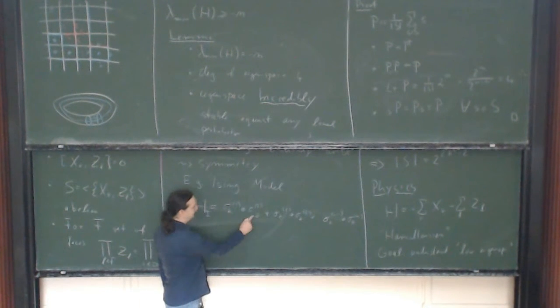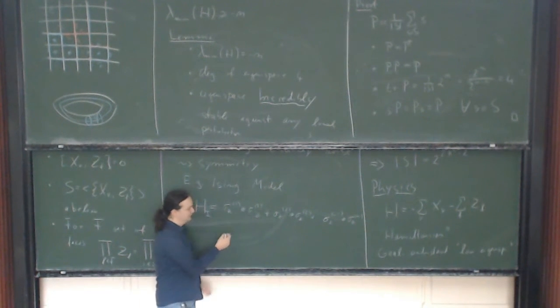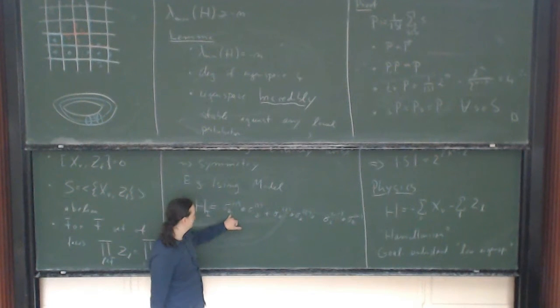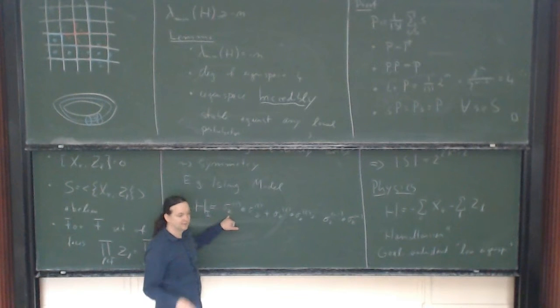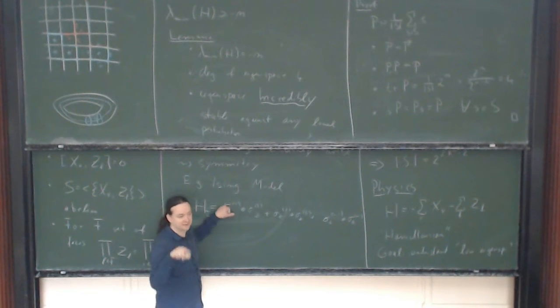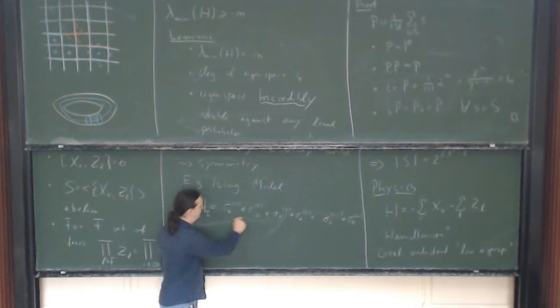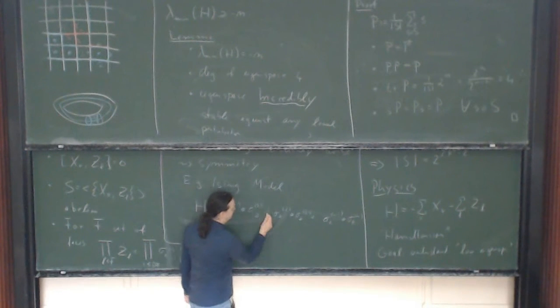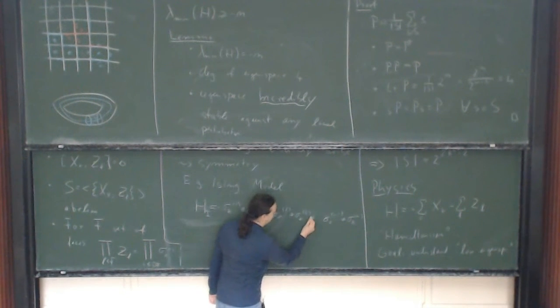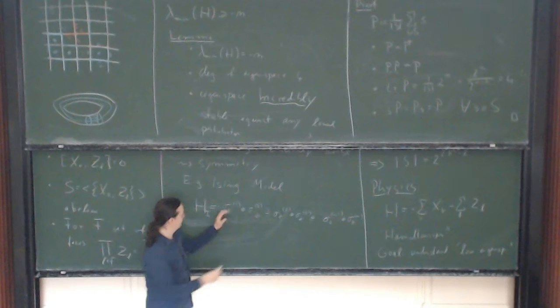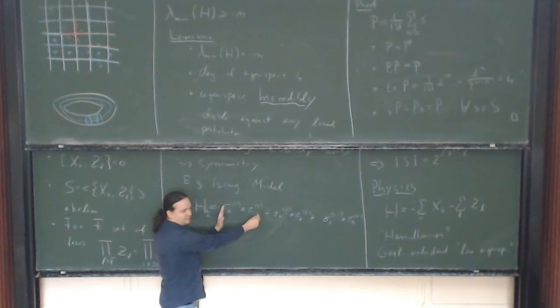Well, look, I mean, sigma z tensor sigma z. If I take an element of the standard basis, then this gives me a sign, a -1 if I have the second element, and +1 if I have the first, and the Hamiltonian has minuses here. So if I want this eigenvalue to be +1, then the first two factors have to be the same.